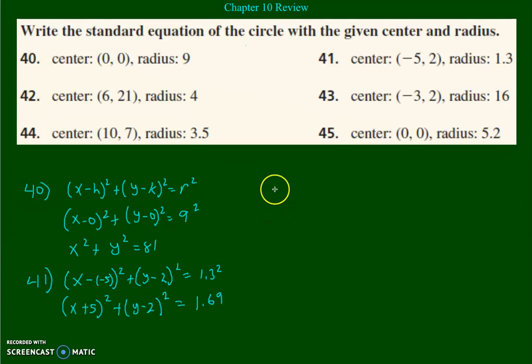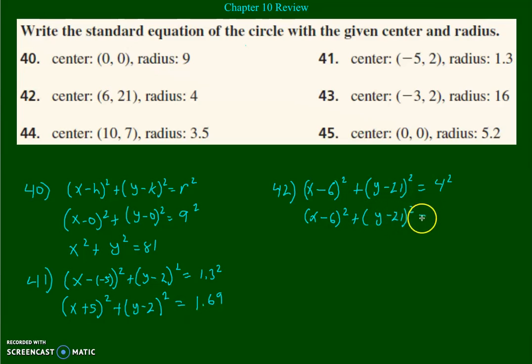And number 42 is x minus 6 squared plus y minus 21 squared equals 4 squared. So this is x minus 6 squared plus y minus 21 squared equals 16.